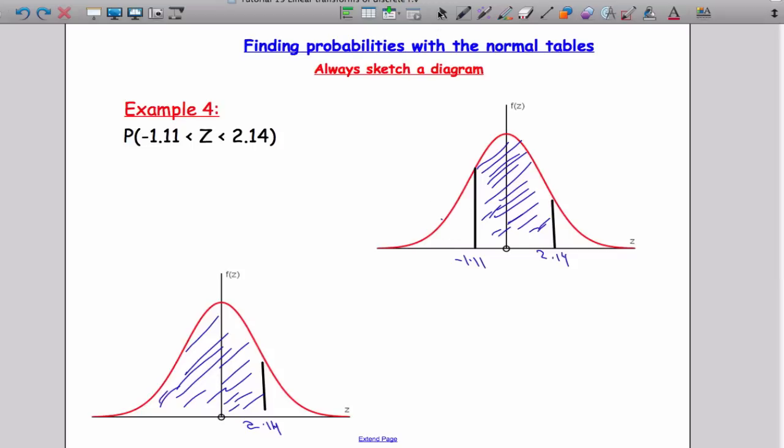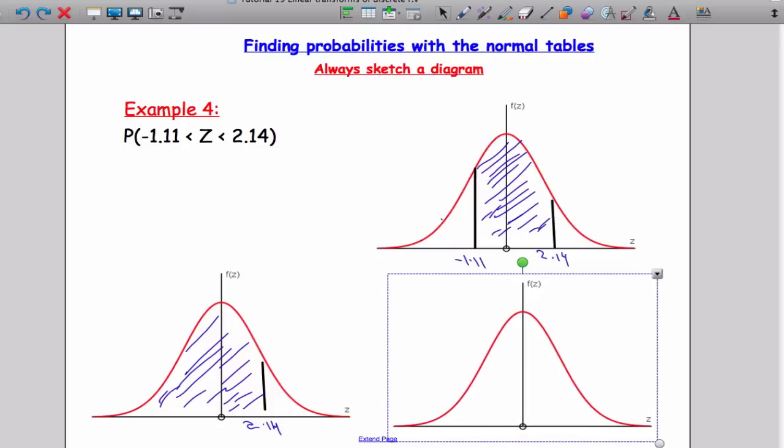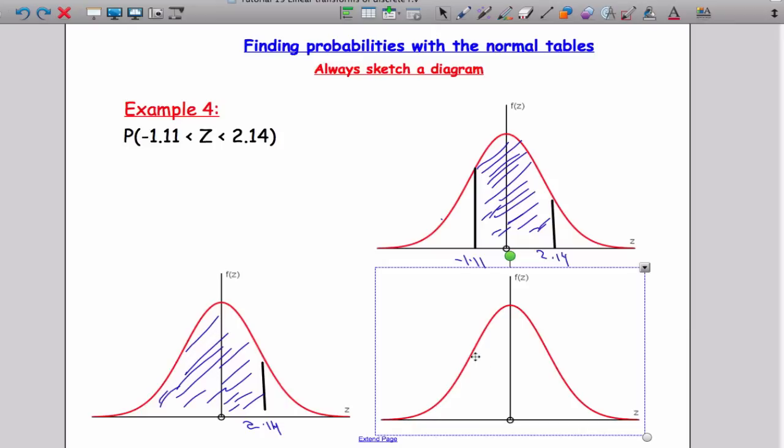So again, we're going to use the symmetry of the graph and the symmetry of the curve, should I say. So I won't be able to work out 1.11 and minus 1.11, but I will be able to work out positive 1.11.